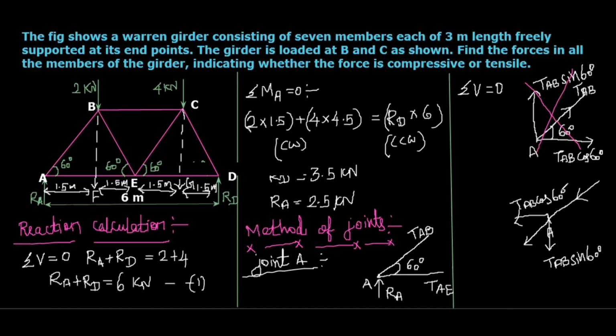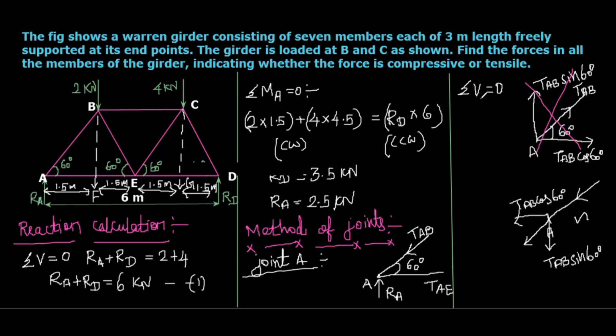Here, if it acts like this, then the vertical component will be downward and can compensate the RA. So this will be the possible condition.